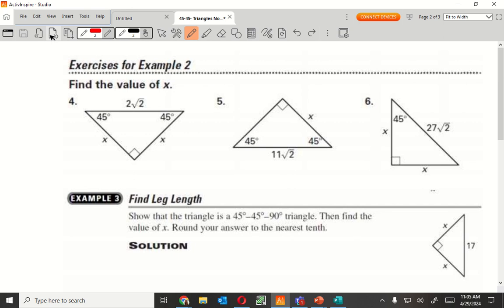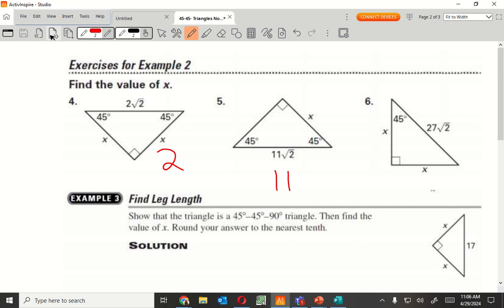All right, question 4. What do we got for question 4? 2. Okay. 11. Okay. 5. 11.